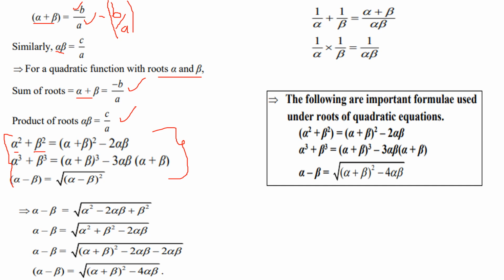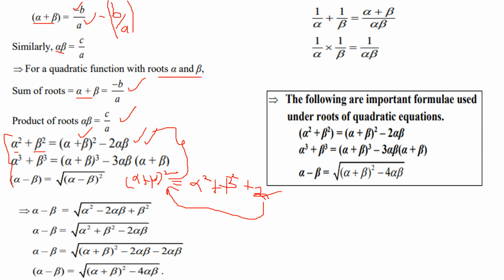So alpha squared plus beta squared, if you remember this expansion, alpha plus beta squared will be equal to alpha squared plus beta squared and then plus 2 alpha beta. So how can you make alpha squared plus beta squared the subject? You'll find that we shall take 2 alpha beta this side, and that gives us the origin of expression 1.